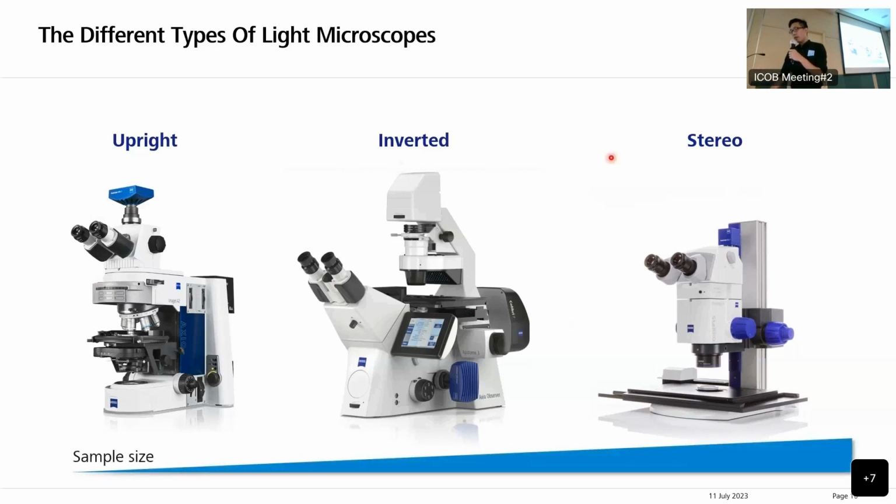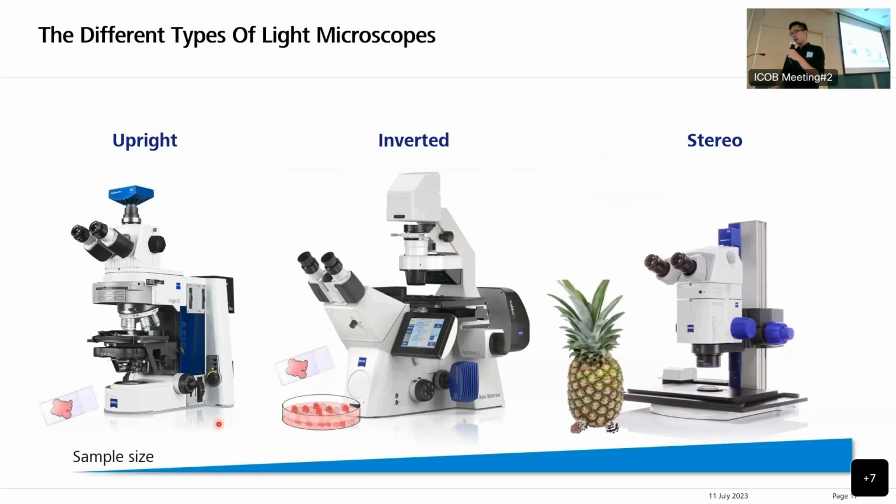Basically, sample size determines which type of microscope we would like to use. Here we can see a diagram for visualization. If we want to image slide samples, we prefer the upright microscope because we can have the clearest, high-resolution images.